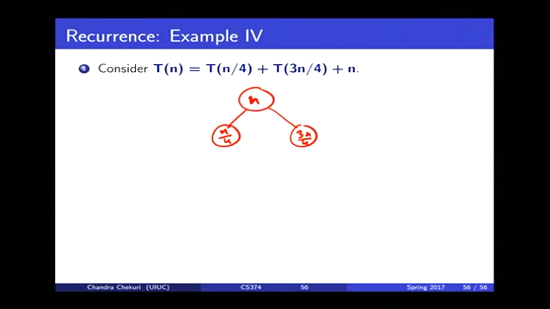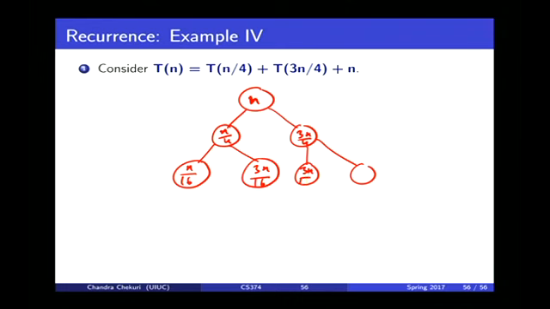Now let's keep going, because what happens to this node? It becomes n over 16, and this one is 3n over 16. Now what am I going to do next? This is 3n over 16, and this is 9n over 16, right?